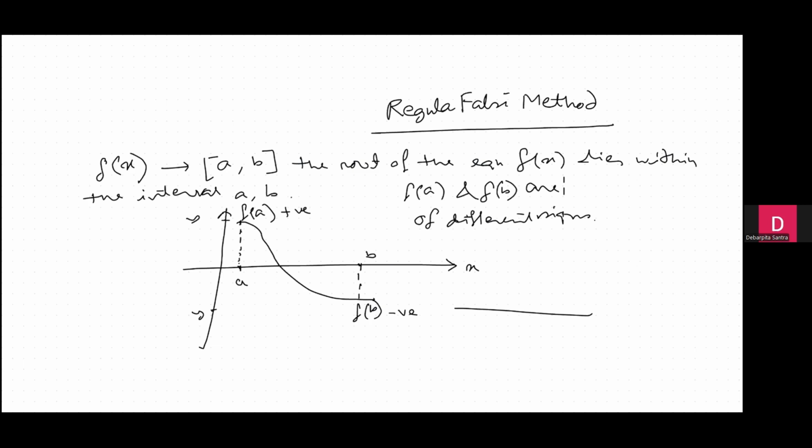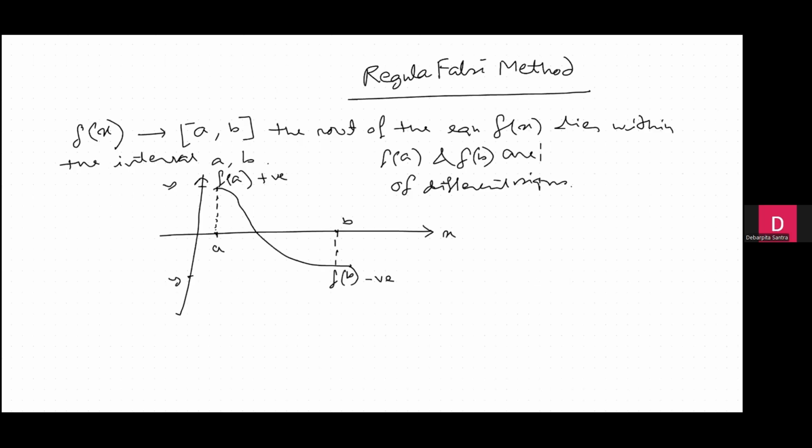Suppose this is the interval a, b on the x-axis, and suppose this is our new point C. I will tell you how to find C, and then either we will choose AC or CB.